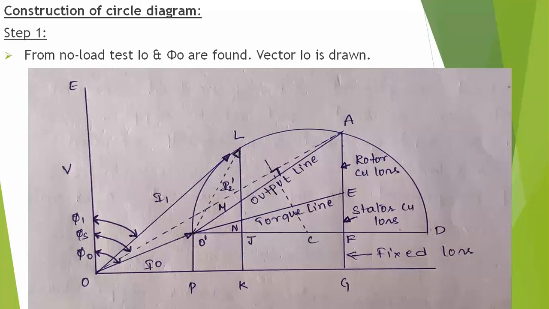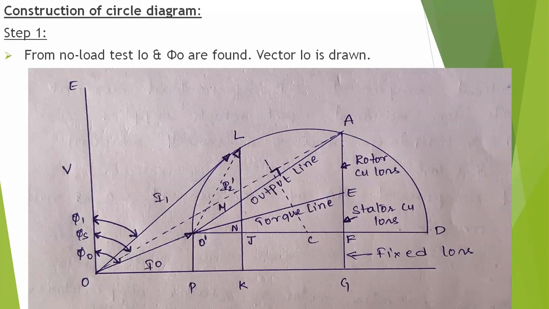How are we taking the scale of these current vectors? The scale of the current vectors is such that the diameter is greater than 25 centimeters. Why are we taking the diameter greater than 25 centimeters? Because the performance data of the motor will be accurate from the circle diagram.